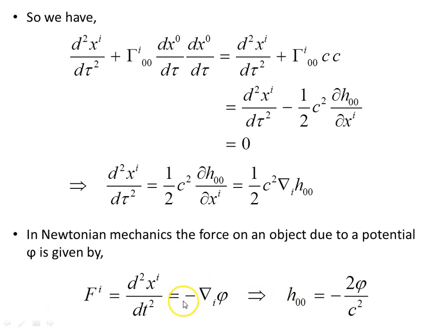And that implies, if we compare this with this, remember that tau and t in the low speed case are approximately equal, so the same thing, this object here is equal to this, which implies that h0, 0 is minus 2 phi on c squared.